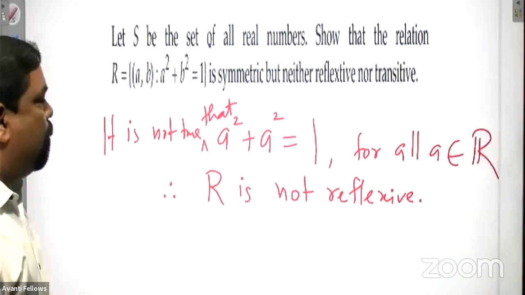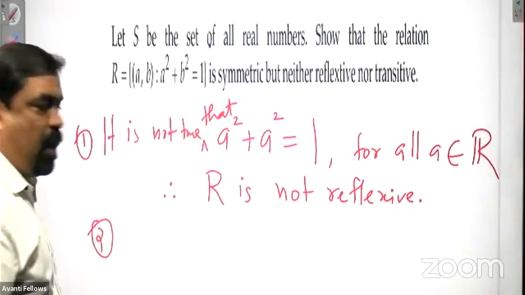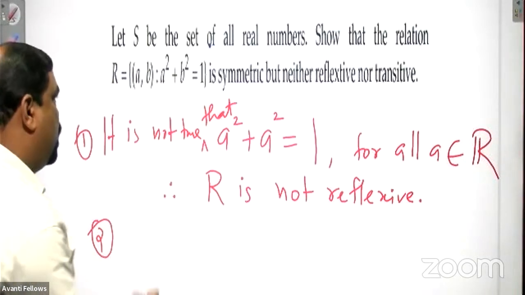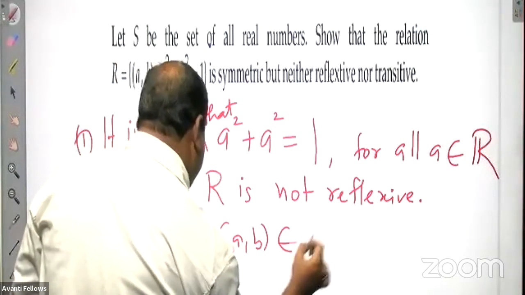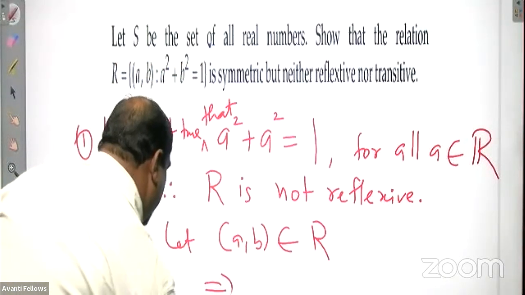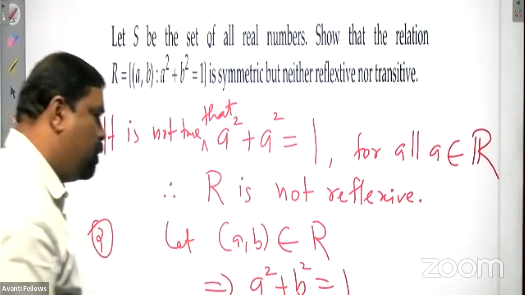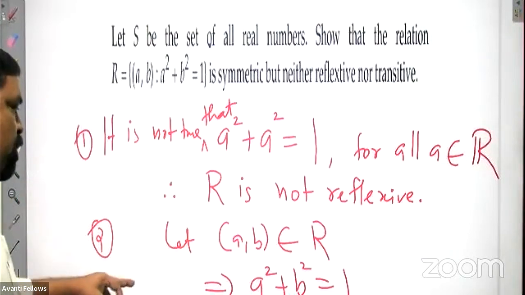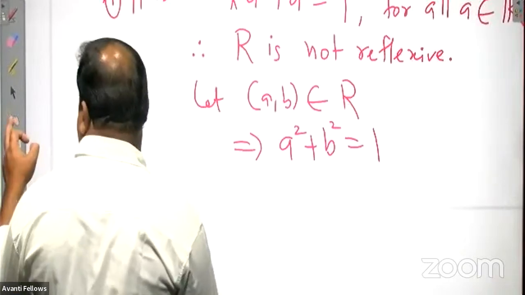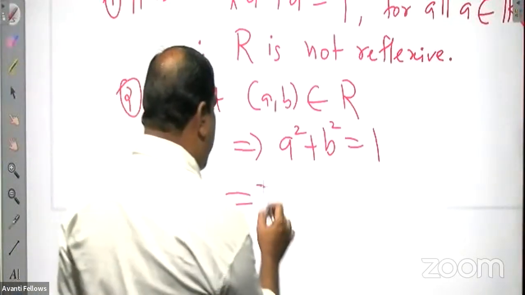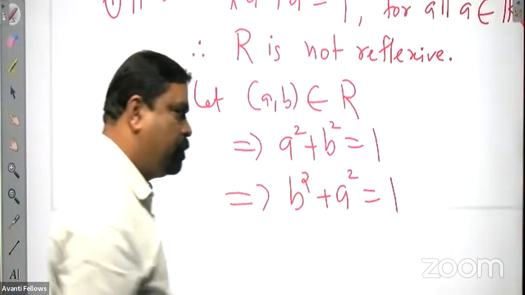What about symmetry? The second one: is it symmetric or not? For that, what to do? Let (A, B) be in the relation, which implies A square plus B square is equal to 1. Whenever A square plus B square equal 1, we know that the reverse way also, B square plus A square is also equal to 1.